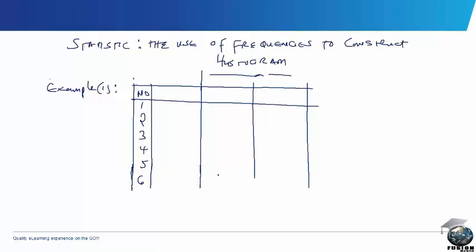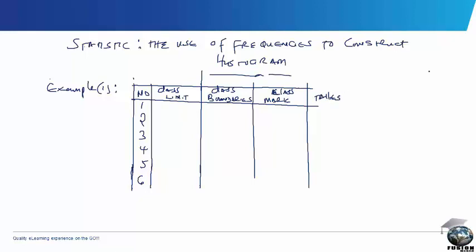The first column, I have the class limits. On the other column I have the class boundaries. And then the next I have the class mark. And then I have the tallies.